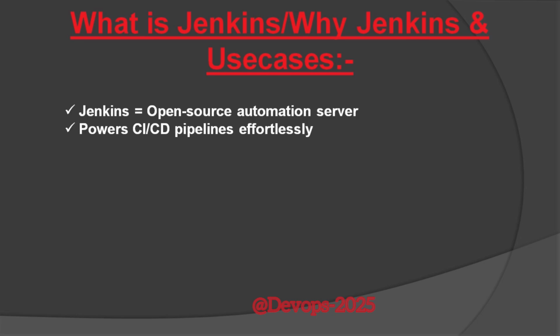Eventually Jenkins became the first choice for DevOps engineers because it removes many technical hurdles between the development and deployment teams. That is where automation becomes not just a choice, it becomes a necessity.